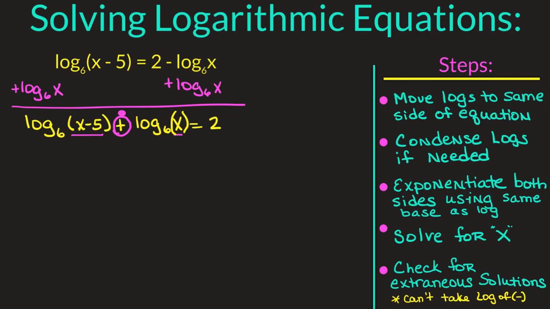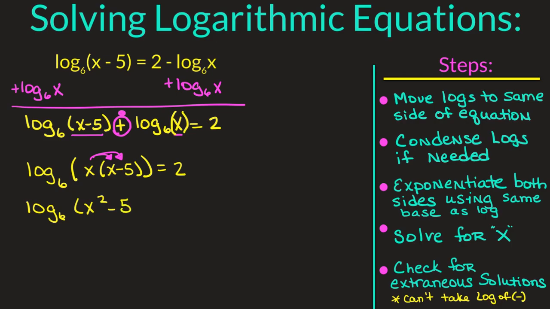So when we write it, we have log base 6 of x times (x minus 5) equals 2. Don't forget to distribute this x. So now we're back to log base 6 of x squared minus 5x equals 2.